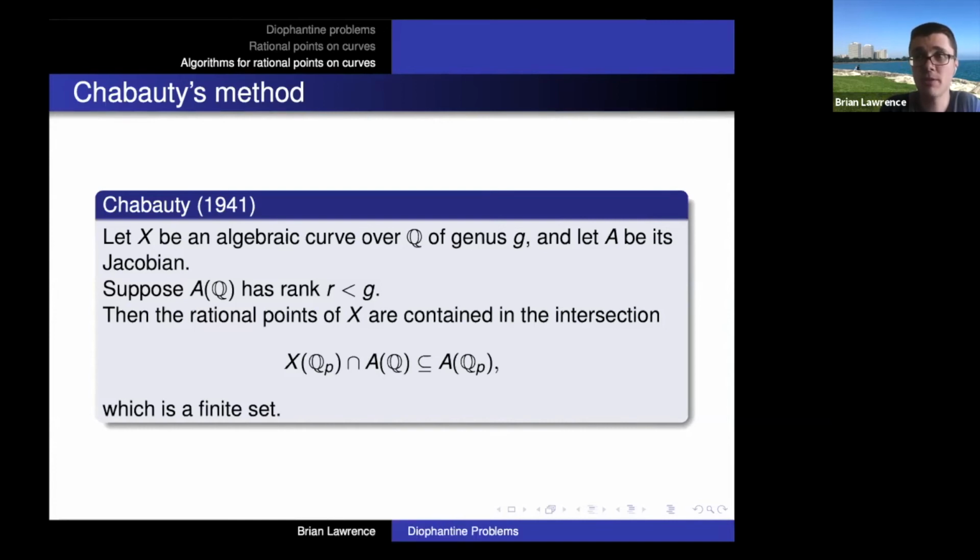As I recall, maybe it's not known whether you can do this algorithmically in full generality, but in practice, you pretty much always can. And so you can compute this intersection. And if you're lucky, this actually gives you exactly the set of rational points.